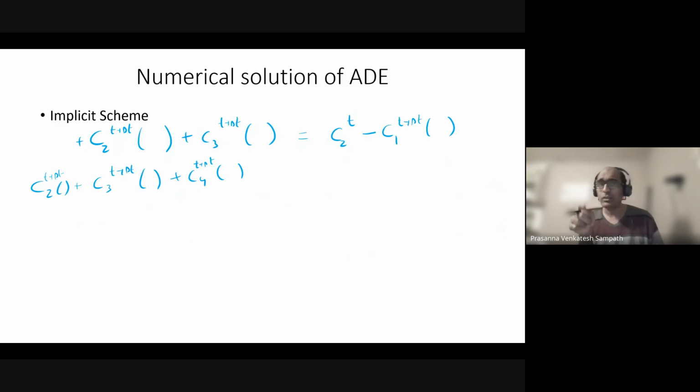For all other values of i greater than 2 and less than n minus 1, I will get 3 terms on the left hand side and only 1 term on the right hand side, right? And so on. So this will go on. The n minus 1th equation.